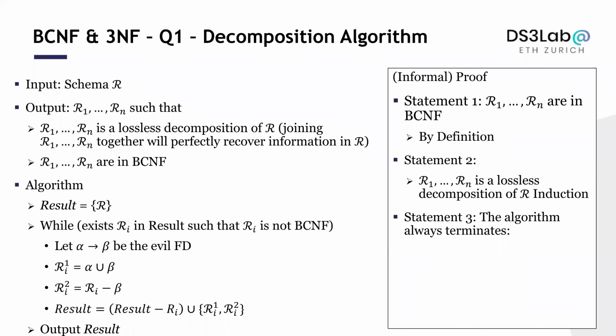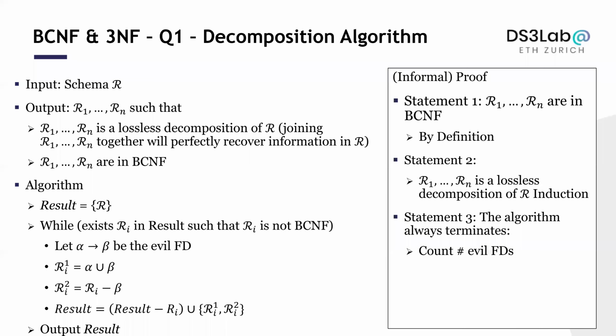The third statement is that the algorithm always terminates. How to prove that? Well, you count the number of evil functional dependencies. The high-level intuition is that after one decomposition, you will get rid of at least one evil functional dependency.